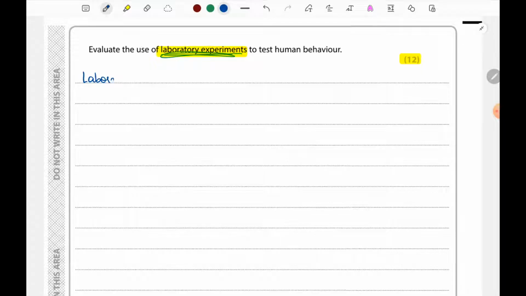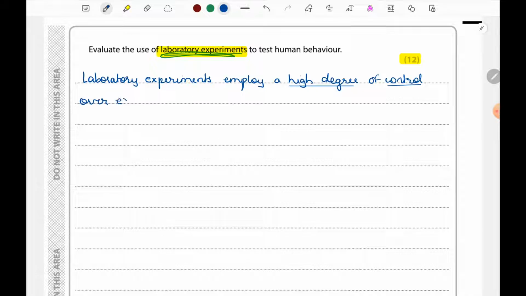Laboratory experiments employ a high degree of control over extraneous variables which gives them good credibility.